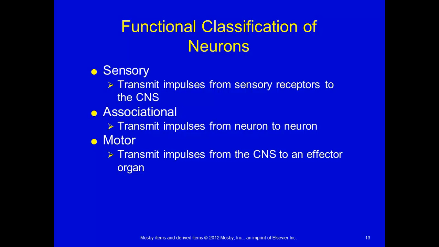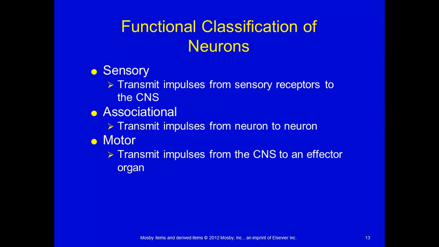All right. When we're talking about neurons, we also need to talk a little bit about the functional classification of neurons. I talked about how there are different functions and different ways in which neurons get used in our neurologic system. Those basically get classified into sensory, motor, or associational.